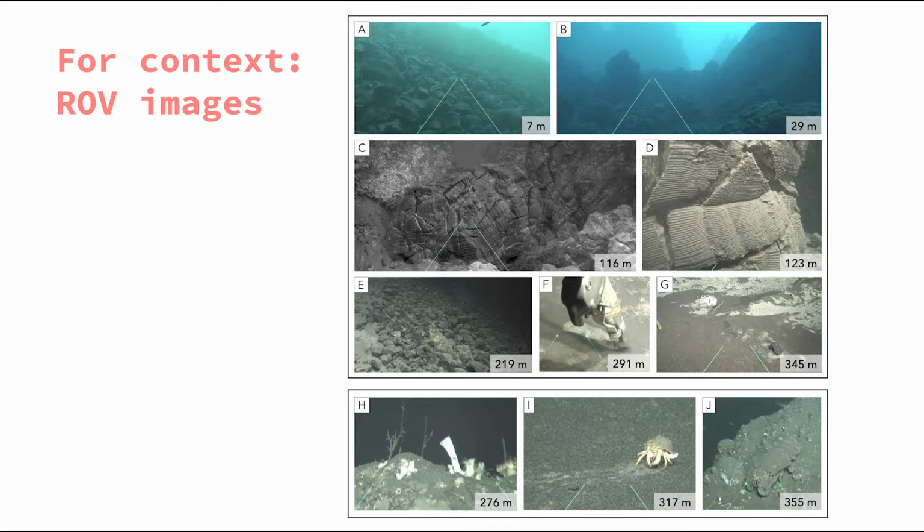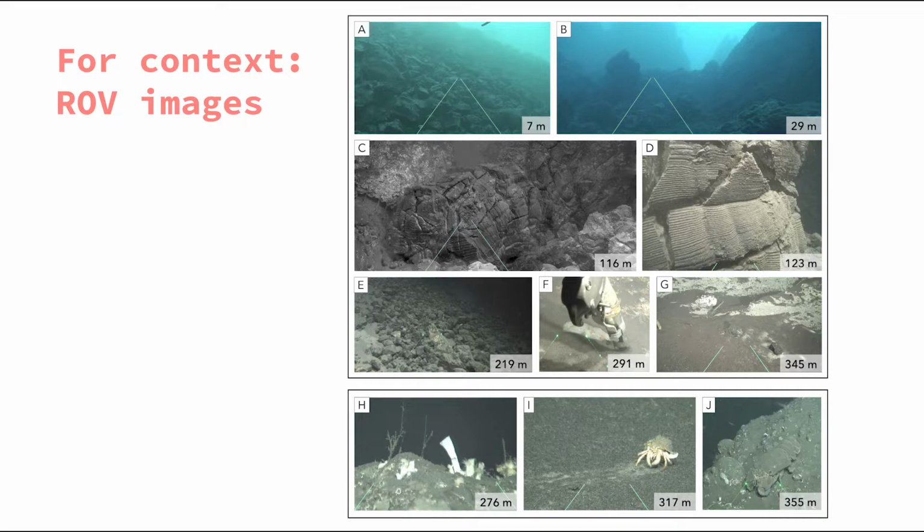So at the surface, or in the first few tens of meters of depth, we saw mostly aa-type flows, and then a little bit deeper, we saw some pretty impressive pillow lavas and mega pillow lavas. And a little bit deeper, at around up to 250 meters, we still saw lots of breccias and rolled fragments.